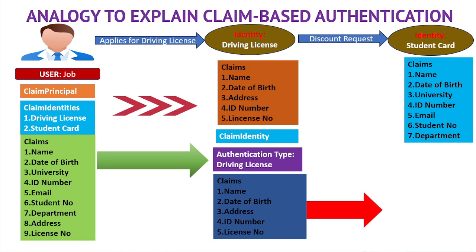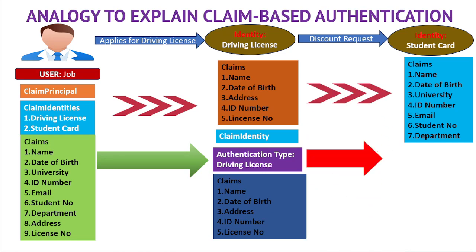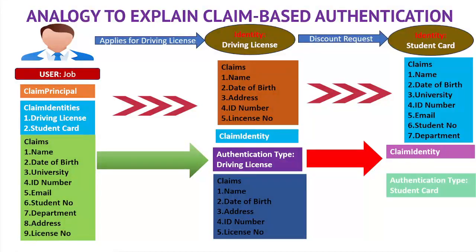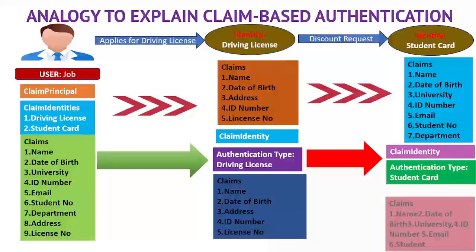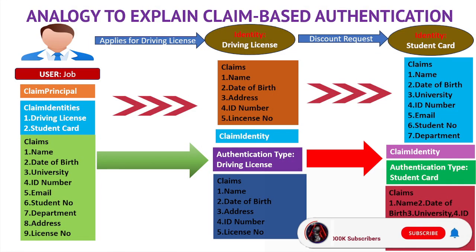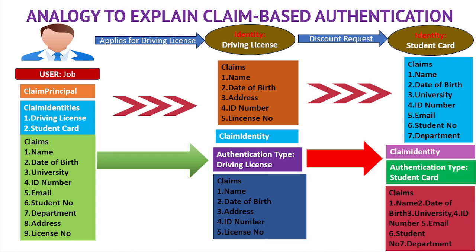But now our second identity that Job has is actually the student card. So the authentication type here that we'll use is the student card, and it has some information which is actually claims: the name, the date of birth, the university ID number, email address, student number, and even the department. So this gives us a complete analogy of what we have discussed.